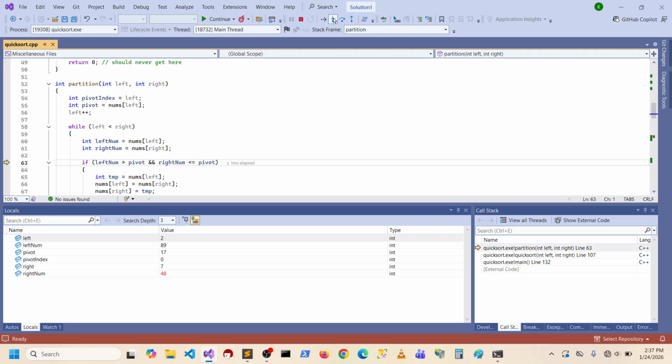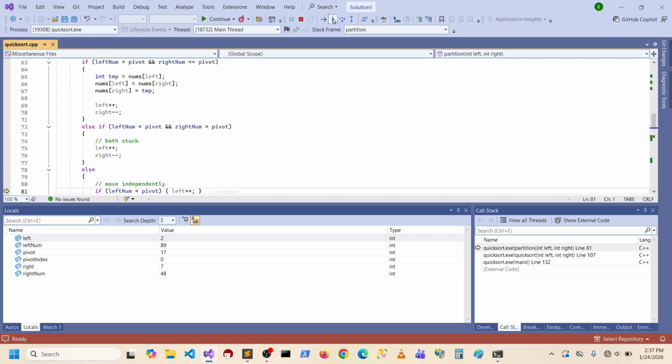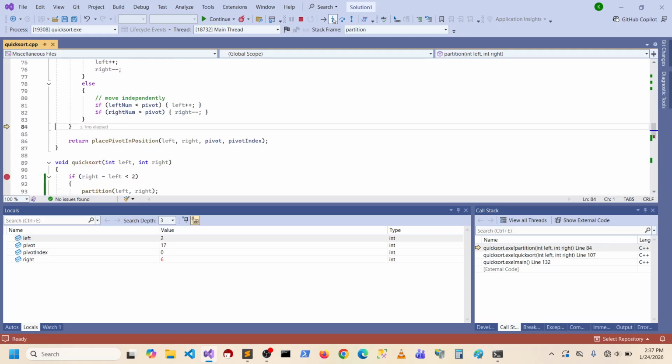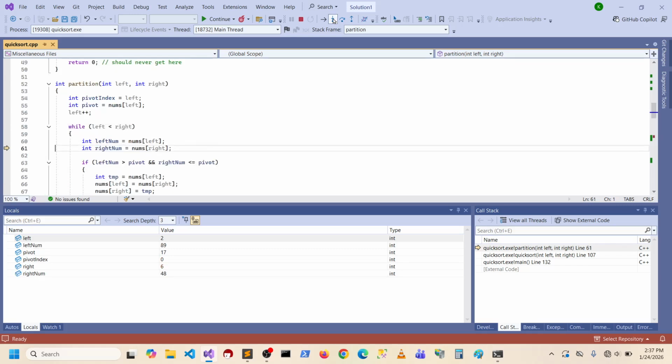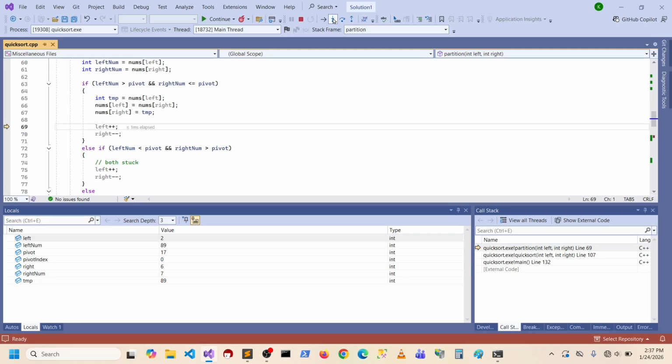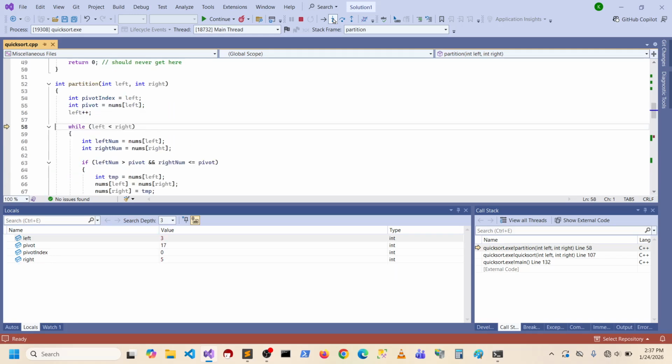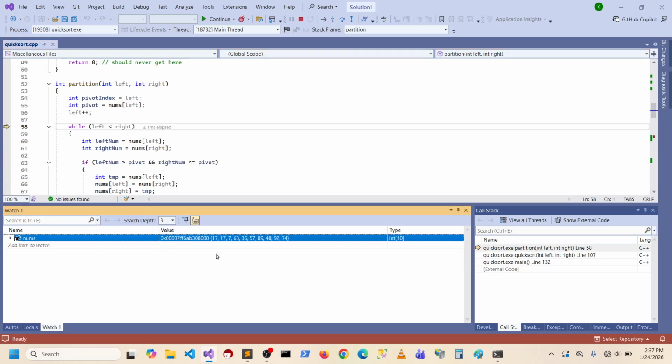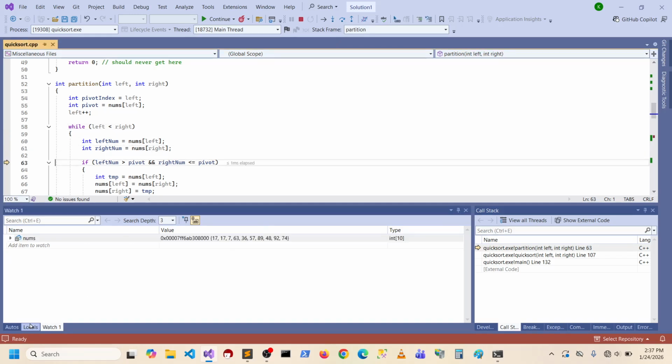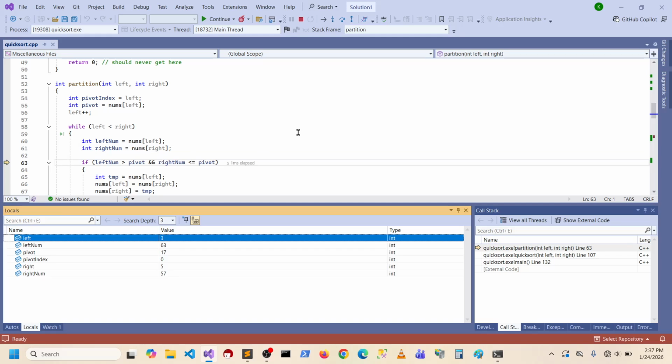89 and 48. Those need to swap. Well, left needs to swap. So right decrements. 89 and 7. They need to swap. 63 and 57.